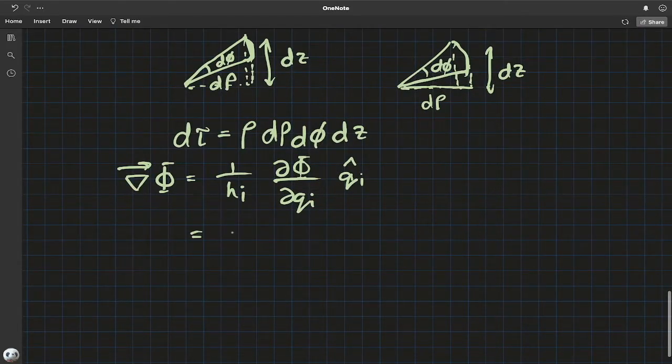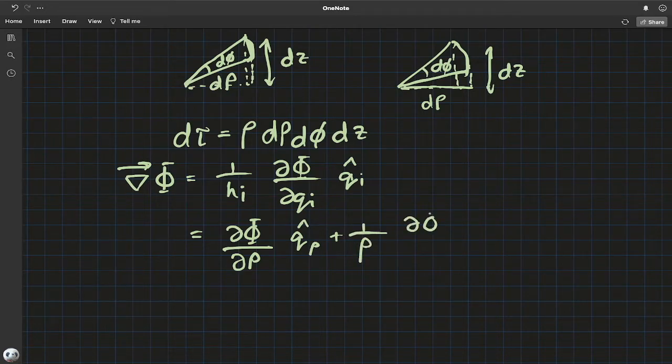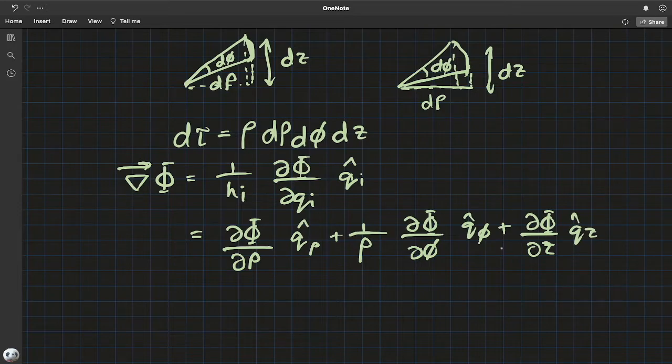We have partial phi with respect to rho, scaling factor is 1, q sub rho hat, plus, now the scaling factor is rho here, partial big phi with respect to small phi, q sub small phi hat, plus scaling factor is 1 again, so partial phi with respect to z, q sub z hat.